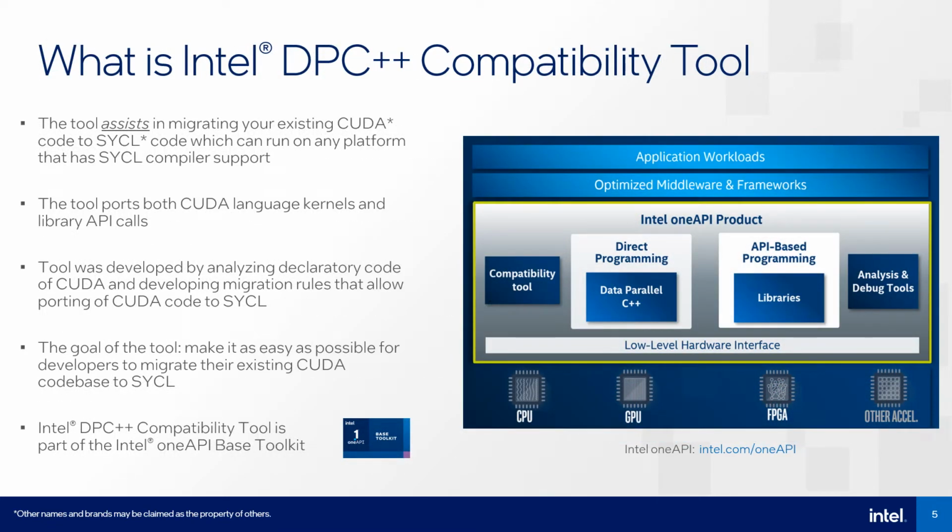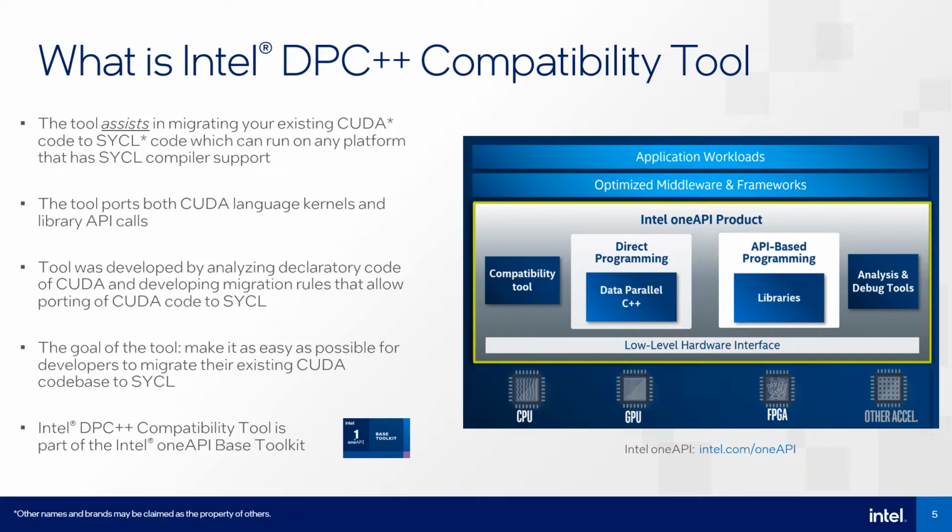So, what is the Intel DPC++ Compatibility Tool? The tool assists in migrating your existing CUDA code to SYCL code, which can run on any platform that has SYCL compiler support. The Intel oneAPI product provides a cross-architecture compiler, the Data Parallel C++ compiler, to support C++ and SYCL.